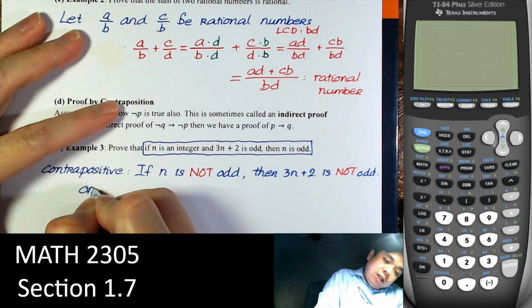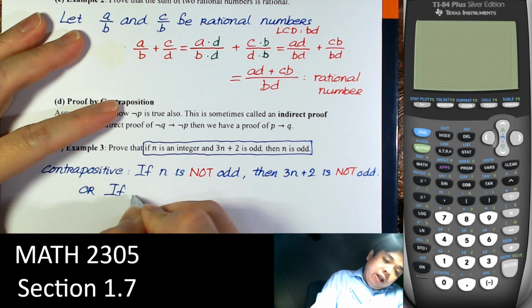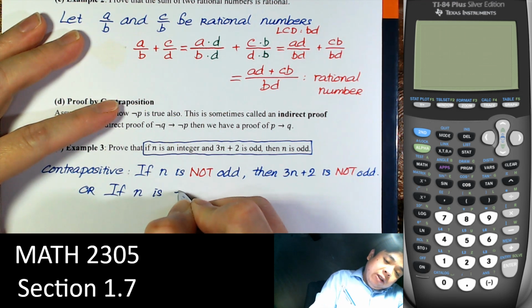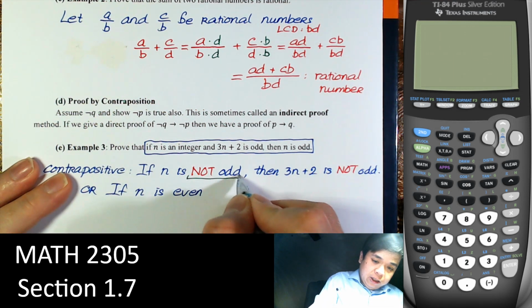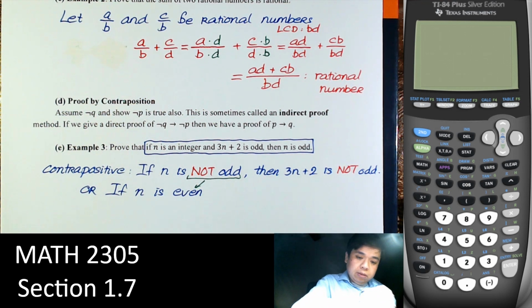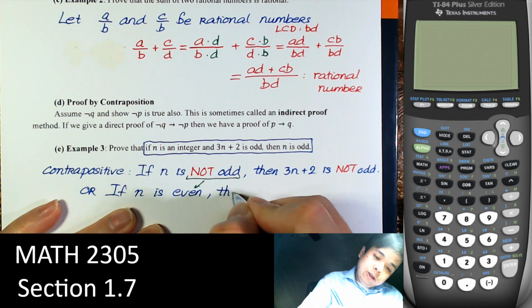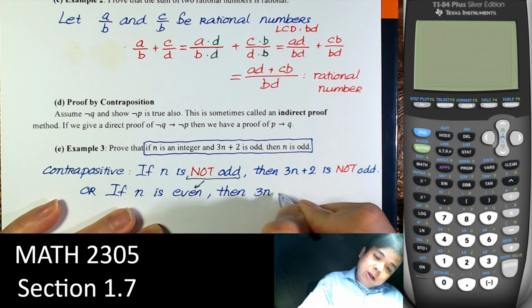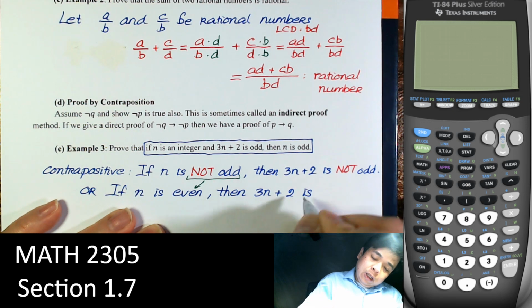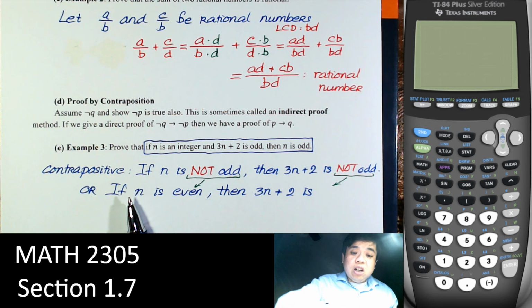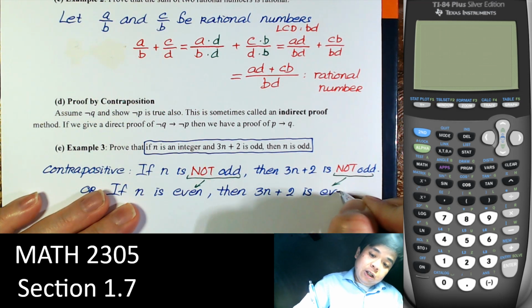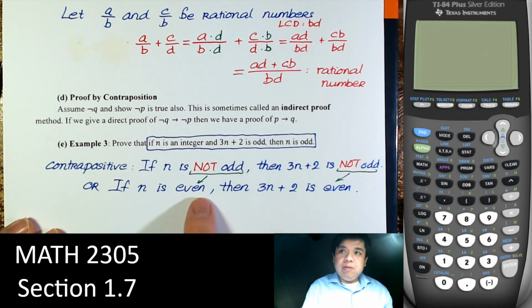Or we say if n is even, of course the not odd here meaning even, then 3n plus 2 is even. So that's an equivalent thing to prove.